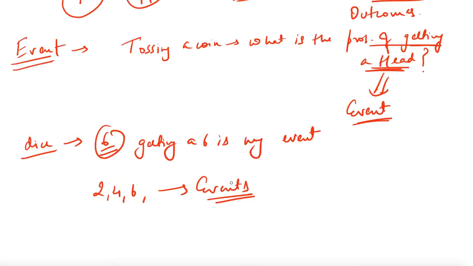So I think now you understood the meaning of event. Whatever possible outcomes there are, those are called outcomes, and among those possible outcomes, whatever is your favorable outcome, according to the question or as per your experiment, that is called an event.